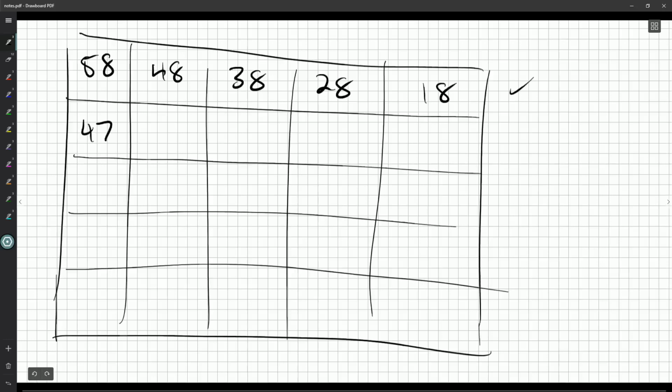So subtract 11, we should get 47, 36, 25, 14. And what else did we have? We had C was minus 15. So x minus 15 would have been 43. So the difference here is 4, so we're going down by 4 each time. And here we're going down by 5, so this should be 38, 33, and 28. Going up by 14s on the bottom.